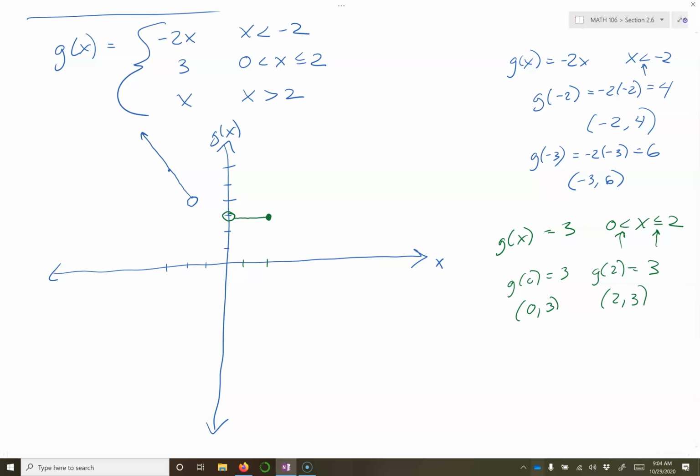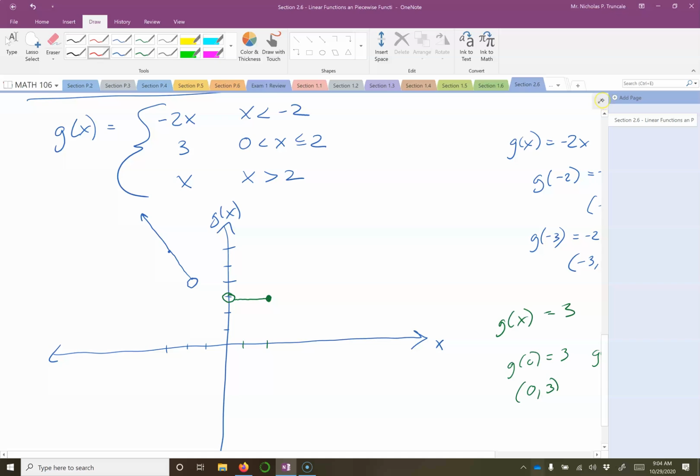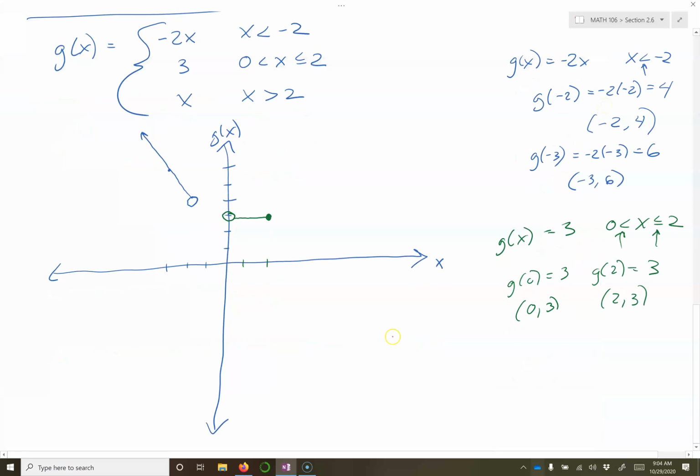And then let's get one last color here. The last piece is g of x when x is greater than 2. Again, this critical point 2 is important because I need to figure out what's going on here.